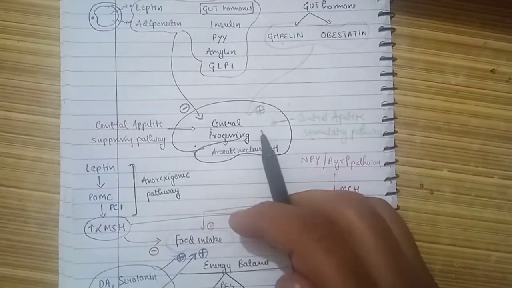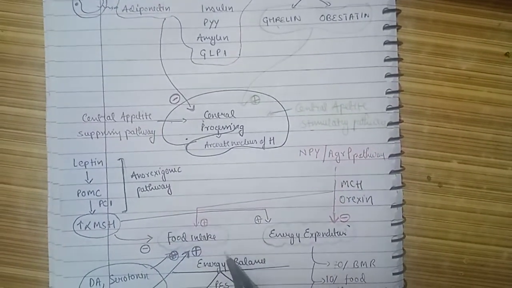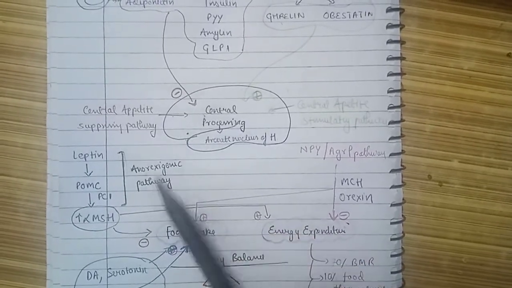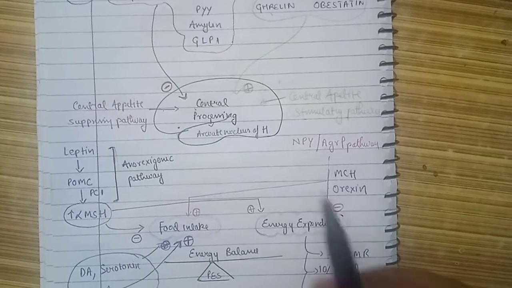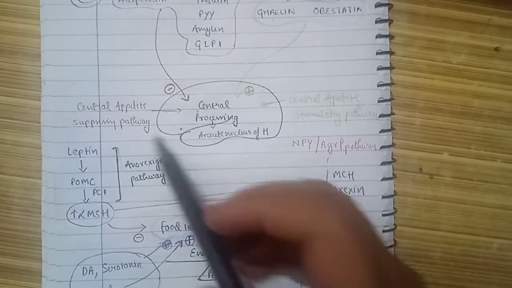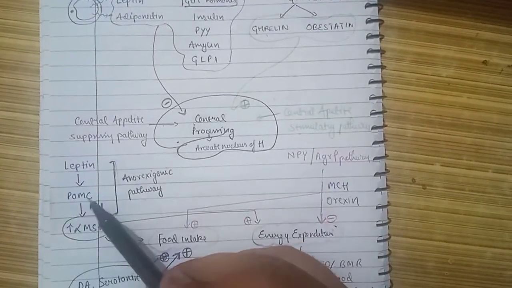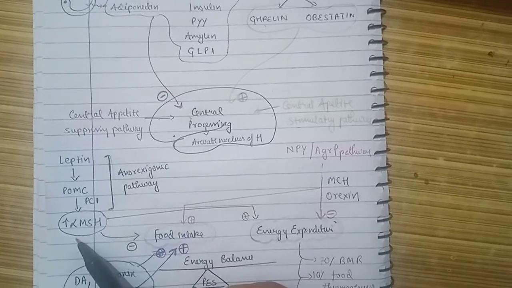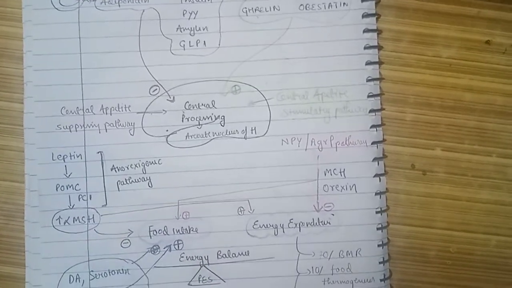Okay, now central processing either can be a suppressing pathway or a stimulating pathway. Let's study about the suppressing pathway first, that is central appetite suppressing pathway. Now this is also known as anorexigenic pathway or leptin melanocortin pathway. Here the leptin, which is also suppressing signal, will convert into pro-opiomelanocortin, which with the help of P convertase 1 will convert into alpha melanocyte stimulating hormone.